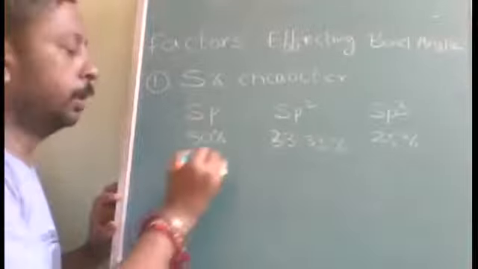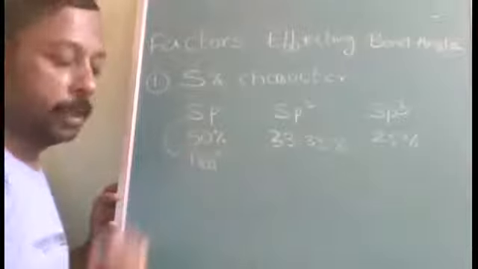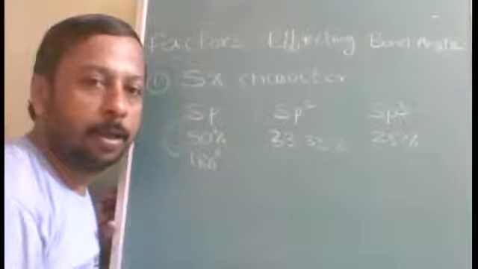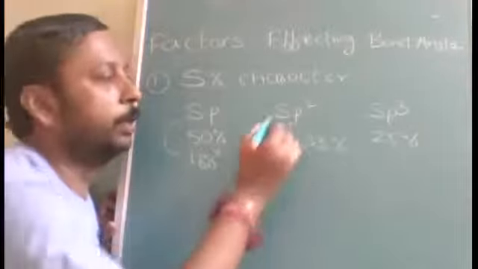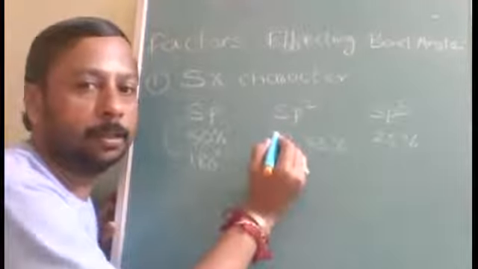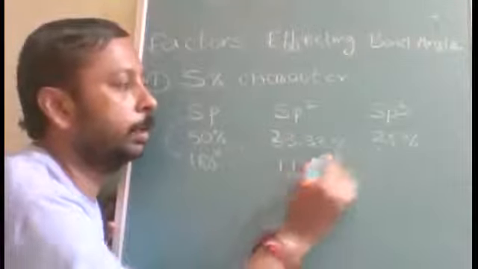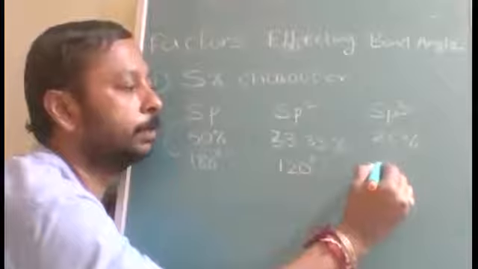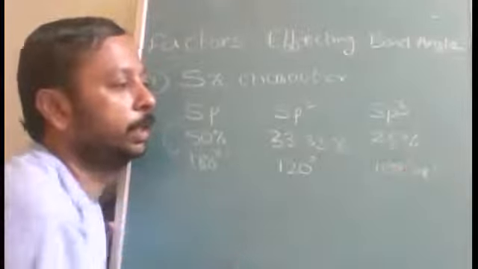Already you must be knowing, when hybridization is sp, the bond angle will be 180 degrees. When hybridization is sp2, bond angle will be 120 degrees. When hybridization is sp3, bond angle will be 109 degrees 28 minutes.